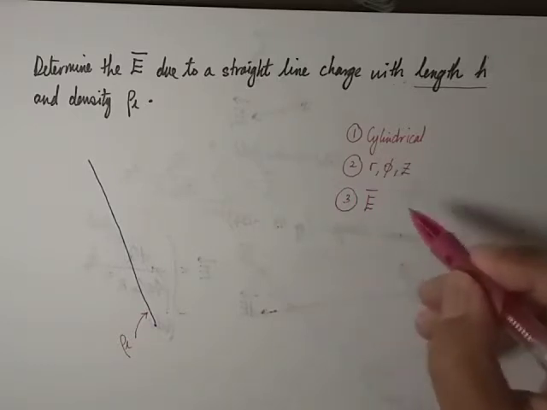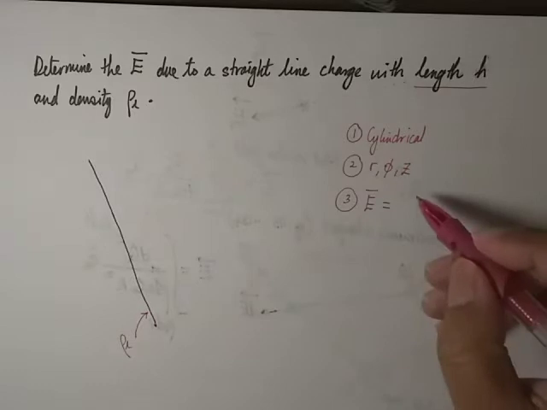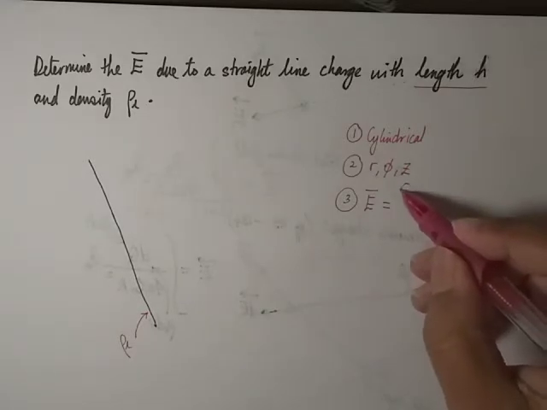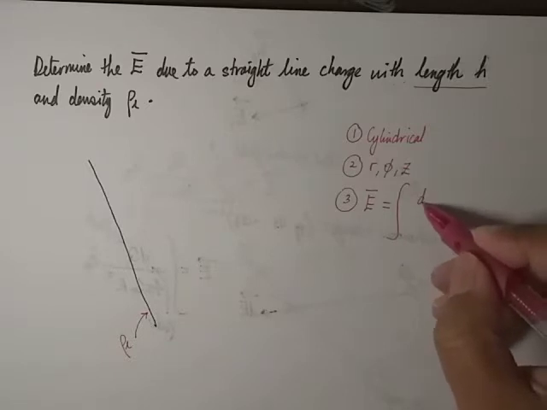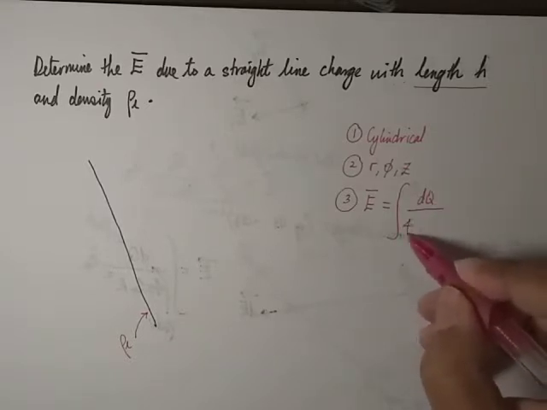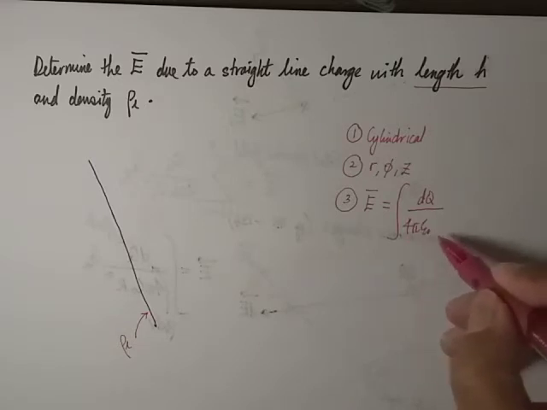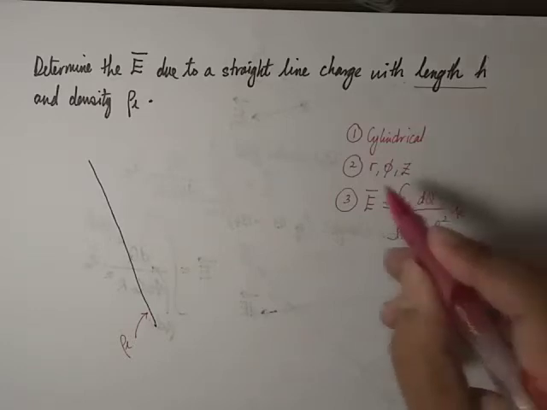We know that since this problem must be solved based on a continuous equation, the equation of E of Coulomb's law that we have proved before should be defined as this equation: dq over 4 pi epsilon naught r squared a_R. So I have to solve this equation.